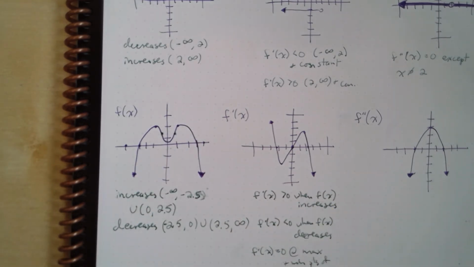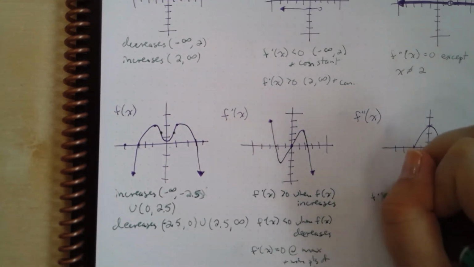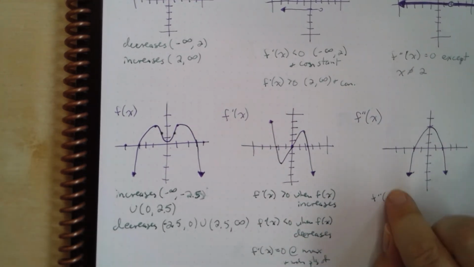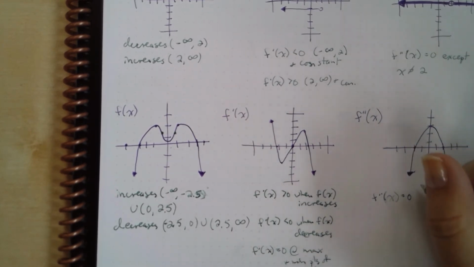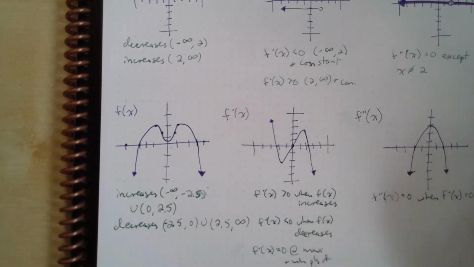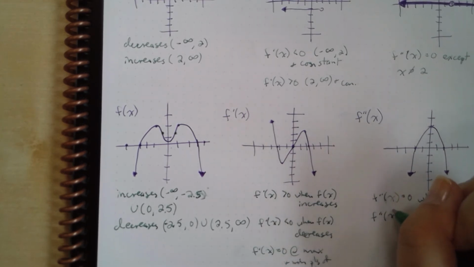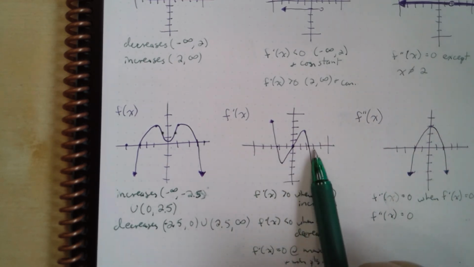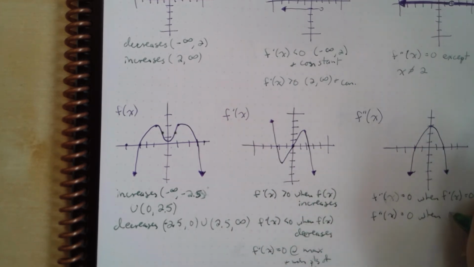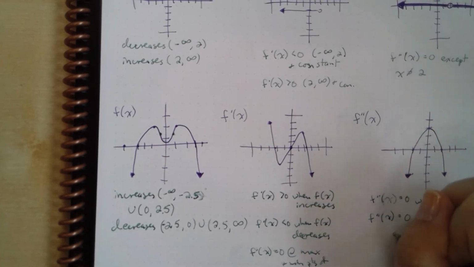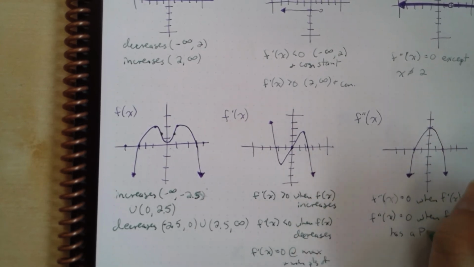Finally, we'll look at our f double prime of x. Well, f double prime of x is equal to 0 when f prime of x has a point of inflection, right?